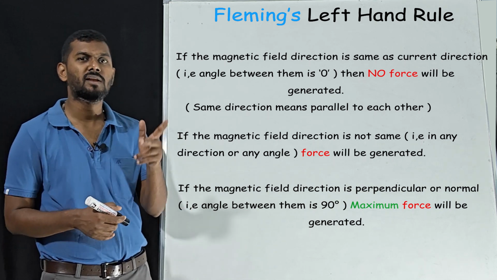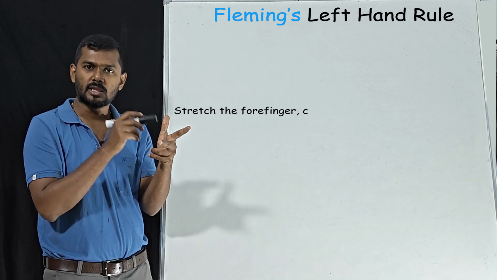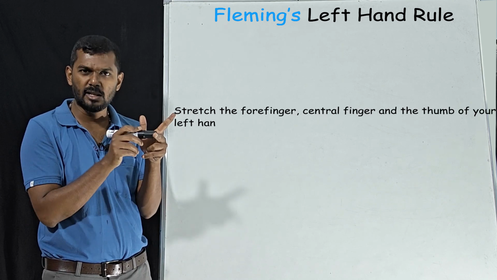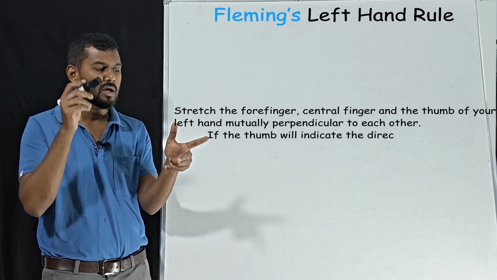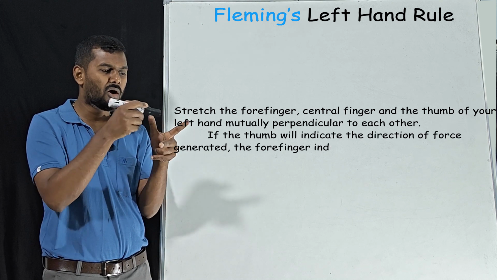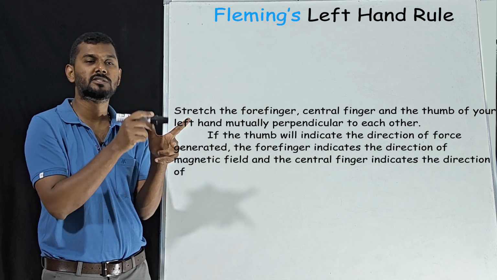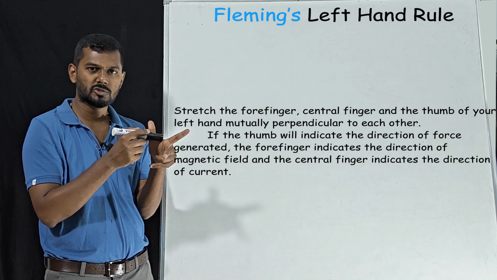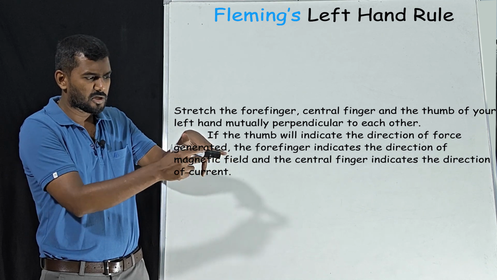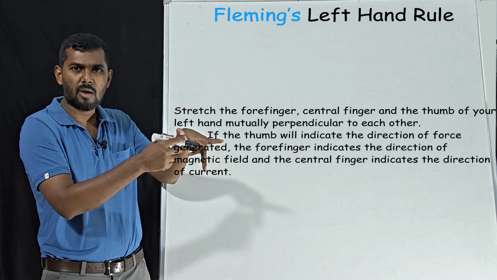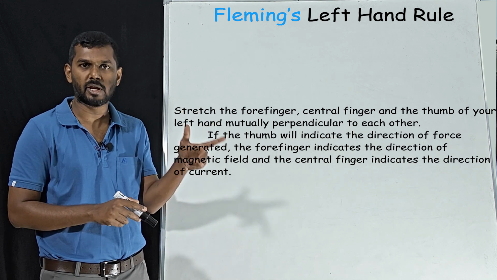Now we'll try to define Fleming's left hand rule. Now listen, stretch your thumb, forefinger and middle finger of your left hand. Left hand is very important. Once you stretch it, all of these 3 fingers should be mutually perpendicular to each other. The thumb should be perpendicular to the forefinger and the forefinger should be perpendicular to the middle finger. Then this is the correct orientation.